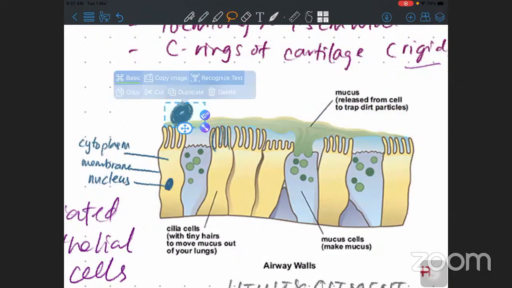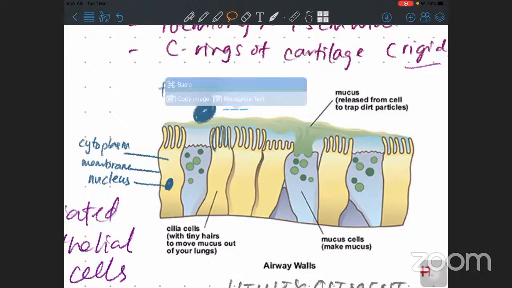The to and fro is two sides, but the dust particles will be moved out of the body.